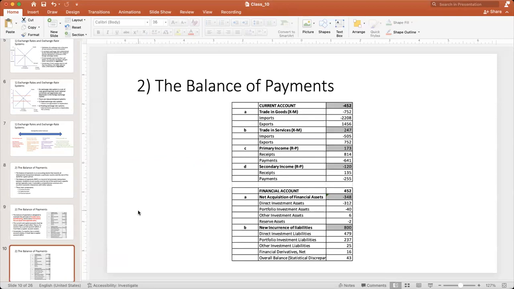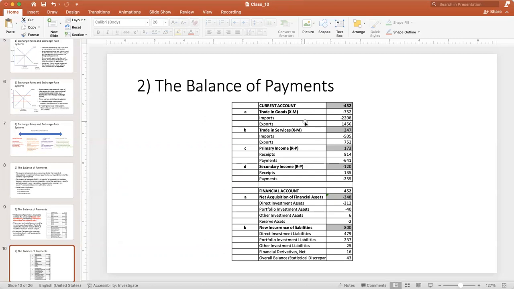So here are the possible answers. In this economy, there is a deficit in the current account. This country is importing more than it is exporting, which means that this country is consuming more than it is earning.